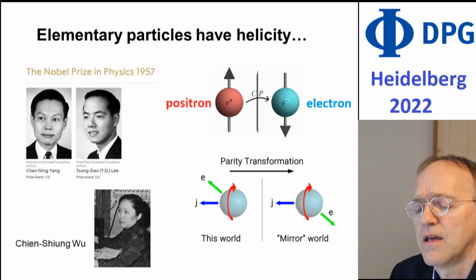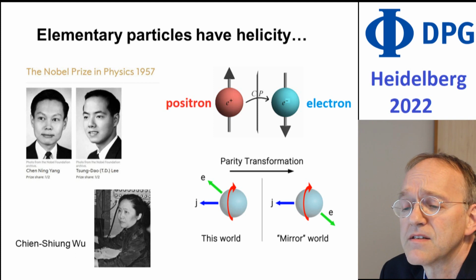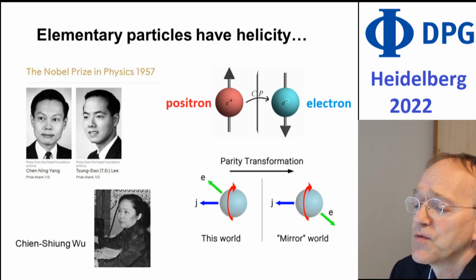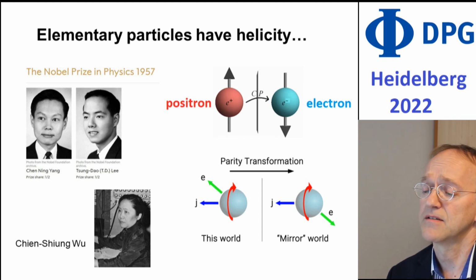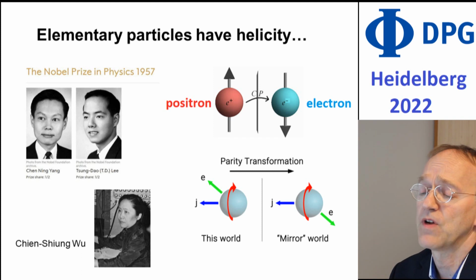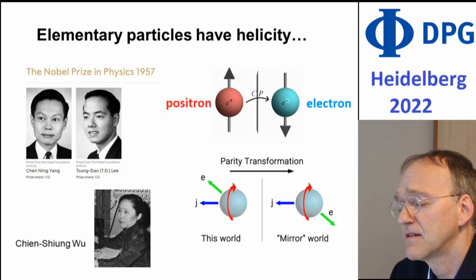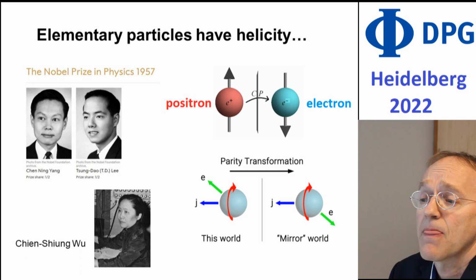Actually, the experiment was done by this lady, and the 2 guys got the Nobel Prize. That's sometimes how the Berkshire works in physics. But this is very interesting because it could mean that left-hand or right-hand multiplication is somehow related to electric charge.